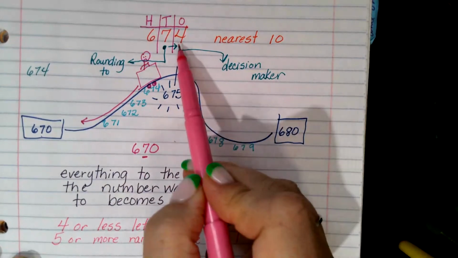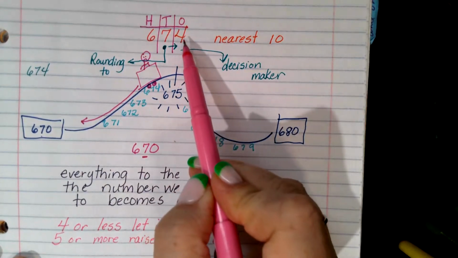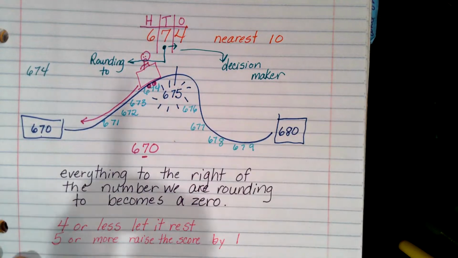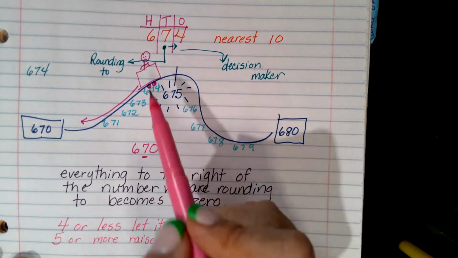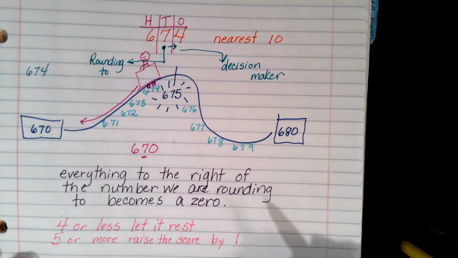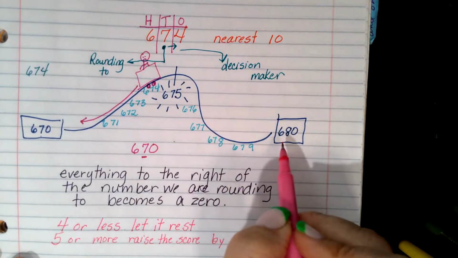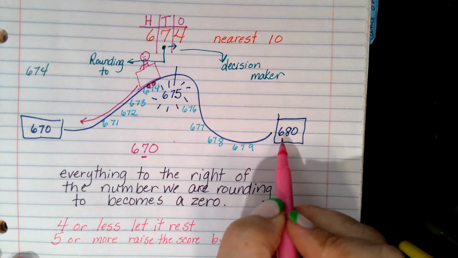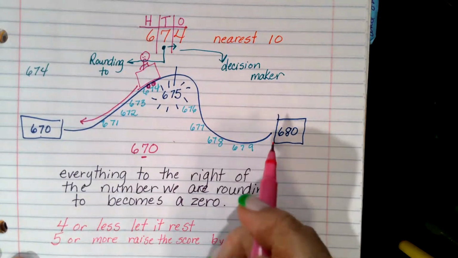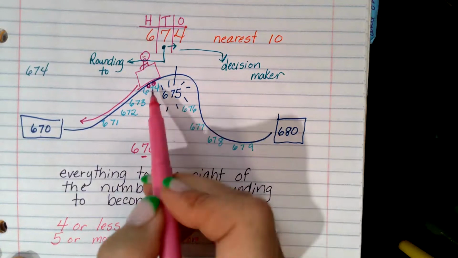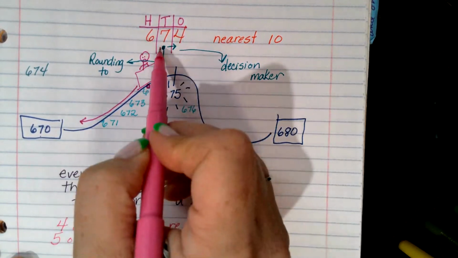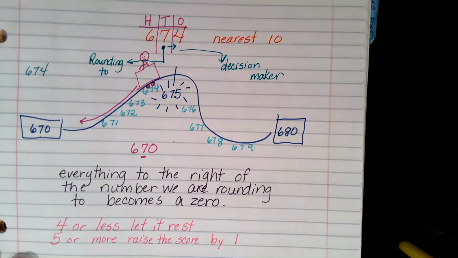If your decision maker is 5, 6, 7, 8, or 9, then you're going to go ahead and raise the place value that you're rounding to by 1. So 7 plus 1 is 8. So that's where we get the 680, is we raised it 1 place value. Our number on this one was a 4 or less, so it rested back on 670.